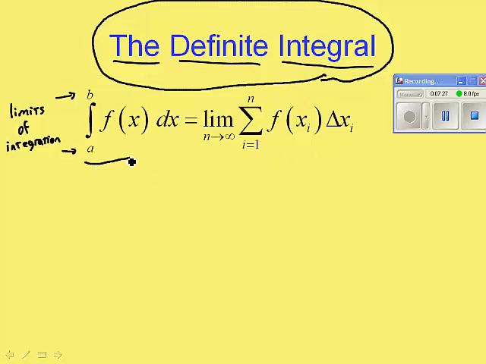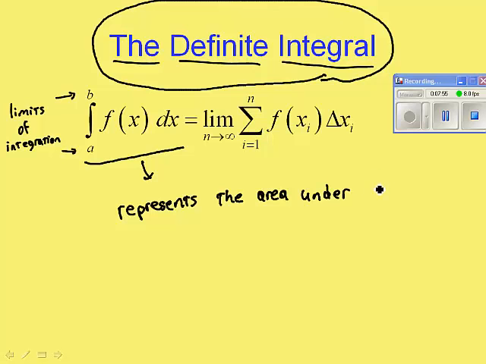So in other words, this represents the area under, well, it says under the curve. Under what curve? Yes, bounded by those two limits. That's right. Under what curve?